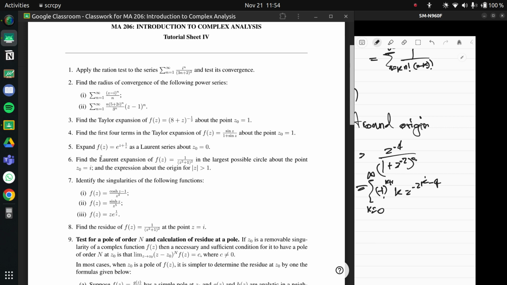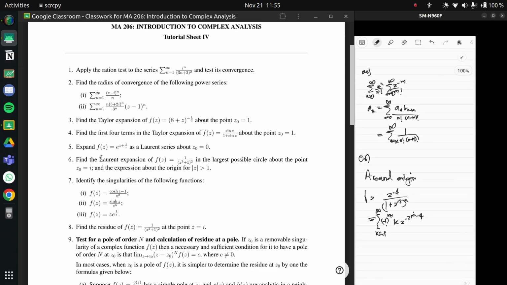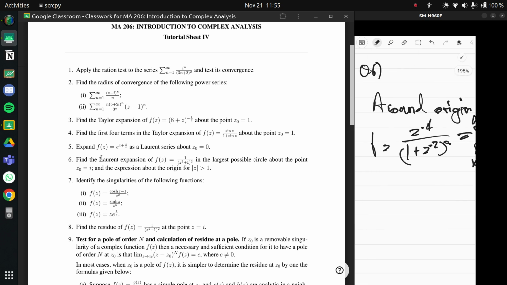No, wait, something's not right. It's minus 2 over there. It's got to start at k equal to 1, isn't it? It actually doesn't matter, but just start with k equal to 1. That's amazing. So that's your f around the origin. Somehow with a bit of ingenuity you got it.